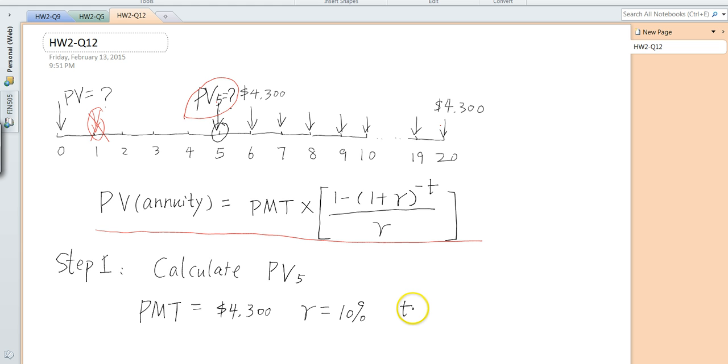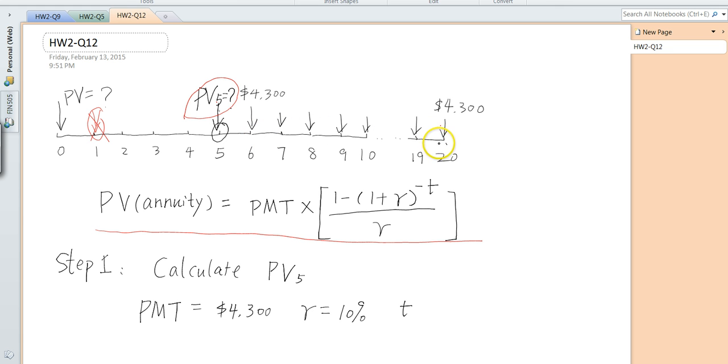But in this case, it doesn't start from year 1. So T refers to the number of payments. So how many payments do we have? From year 6, right? The first payment starts from year 6 and continue that until year 20. So how many payments are in between year 6 and year 20?